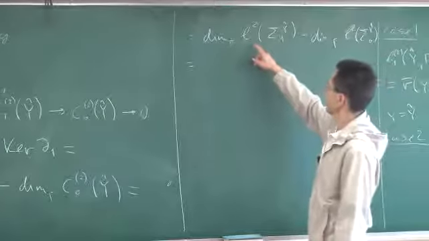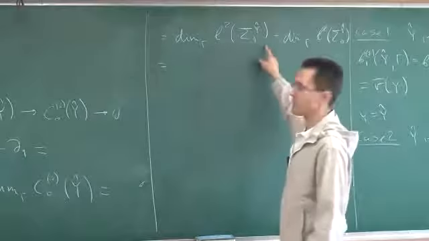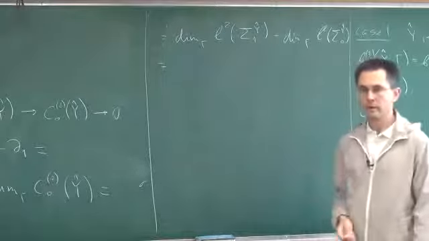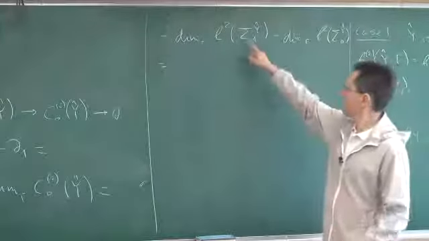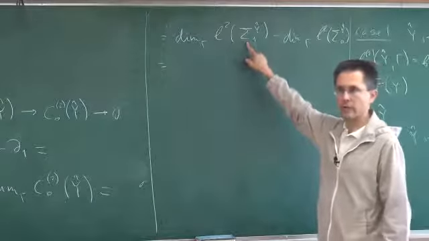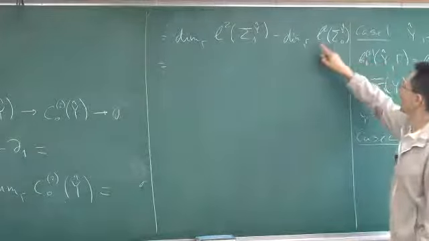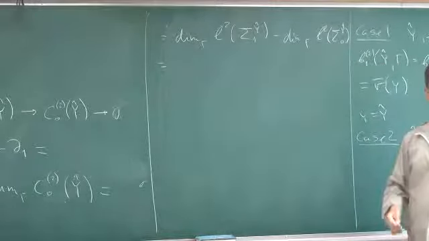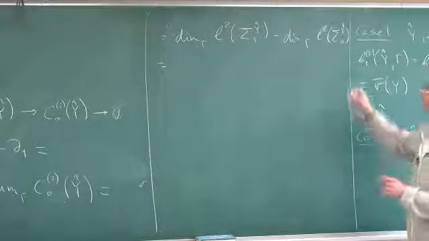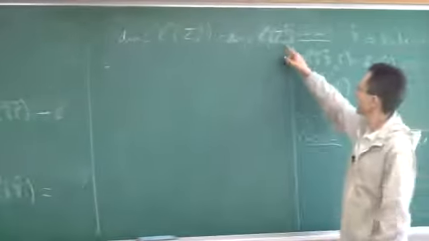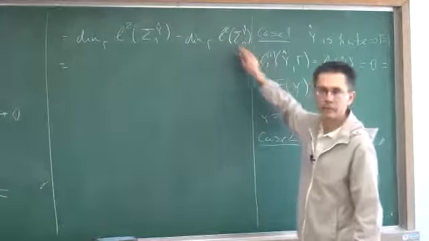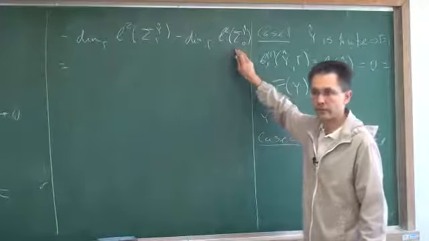In other words, this is several copies of L2 of gamma. And the question is how many copies? As many copies as you have gamma orbits in here. The same thing here. This is a copy of L2 of gamma cross some finite set. What is that finite set? It's the number of orbits of vertices.